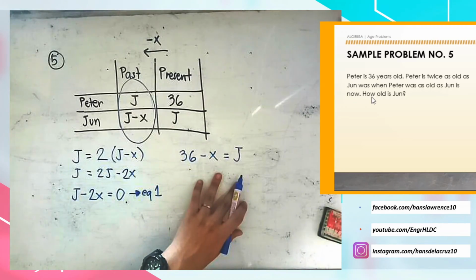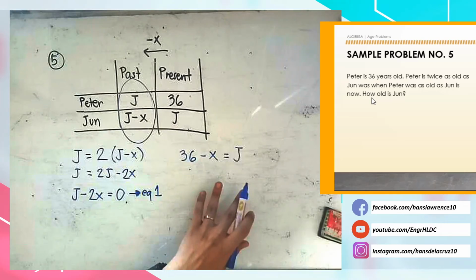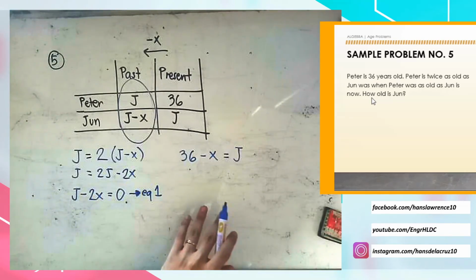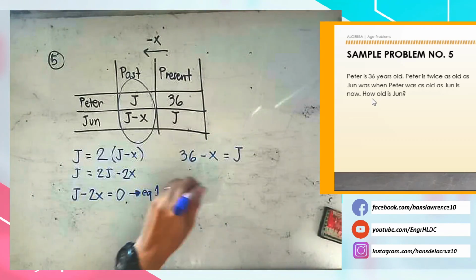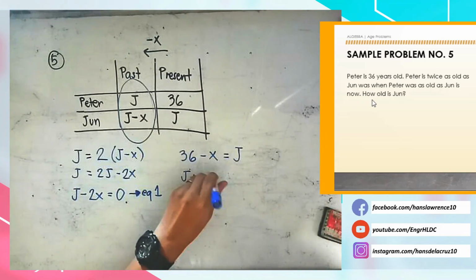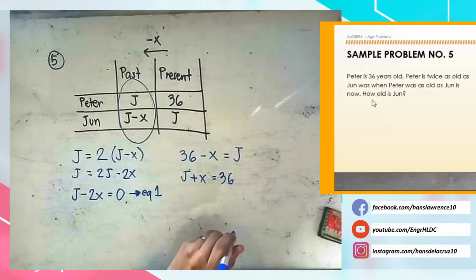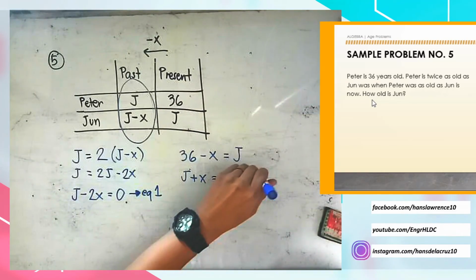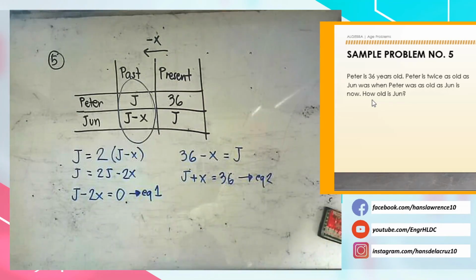So, simplify lang natin to. So, pagsamahin lang natin yung variables into one side tapos yung constant sa other side. So, pwede itong maging J plus X is equal to 36. So, ito na ngayon yung ating equation 2.